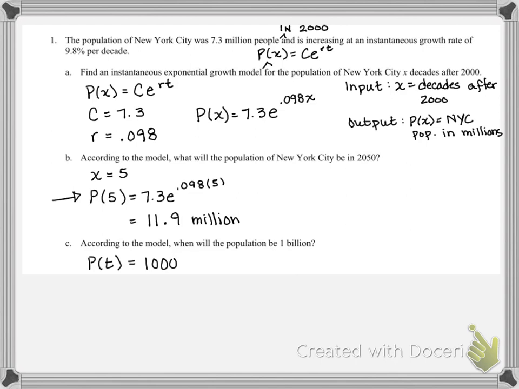That's always true. Going from thousands to millions to billions to trillions, you're adding another 3 zeros, so it's a factor of 1,000. So we set 1,000 equal to 7.3 e to the 0.098 t.